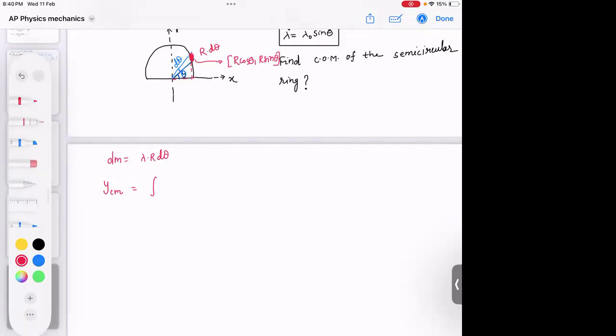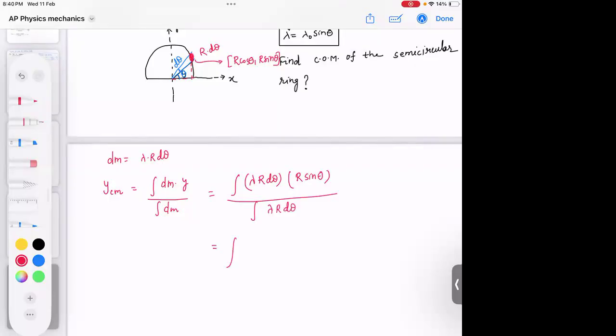So tell me, what is the dm? The y coordinate of the center of mass is the integration of y dm divided by the integration of dm. Now let's put the value and then we will integrate it.